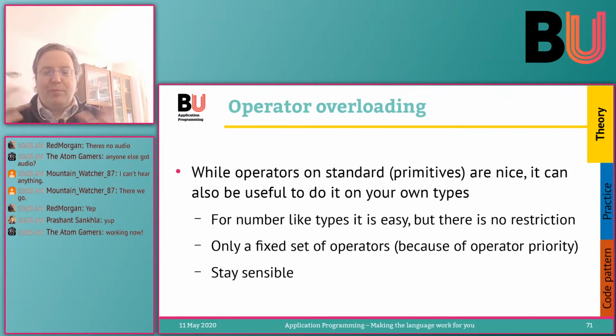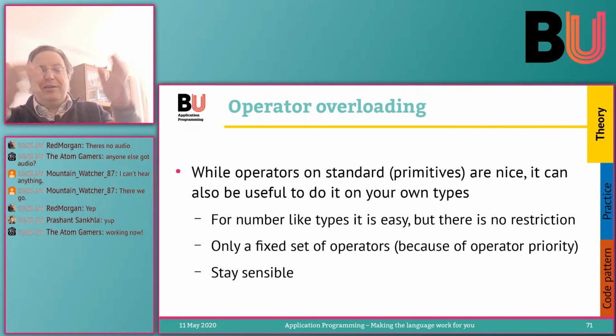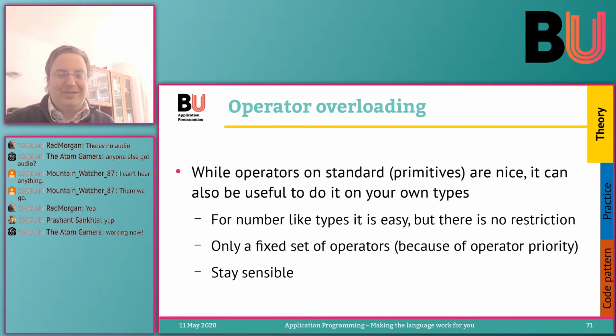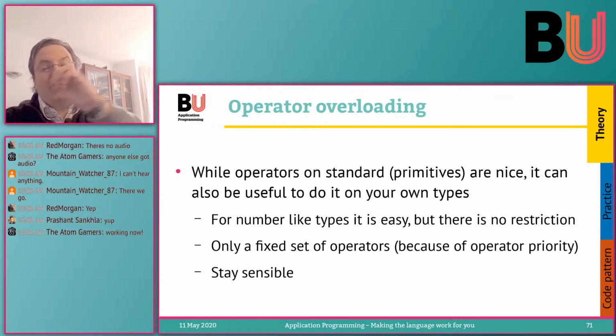Obviously, if you have custom operators, it is much harder to make that work. What is the priority of this custom operator? Well, I don't know. You can use parentheses, but that becomes a bit ugly as well. So Kotlin has not implemented custom operators at this point. A key thing you want to do with operators is make sure that you stay sensible.